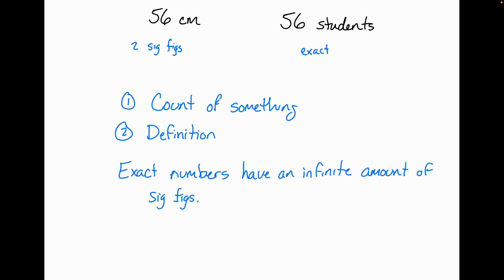And practically speaking, what that means is when we're carrying our sig figs in our calculation, we're just going to straight up ignore those exact values. Exact values are never going to limit your sig figs. Okay? So exact numbers have an infinite amount of sig figs. That means we can ignore them when we're carrying sig figs. Okay?